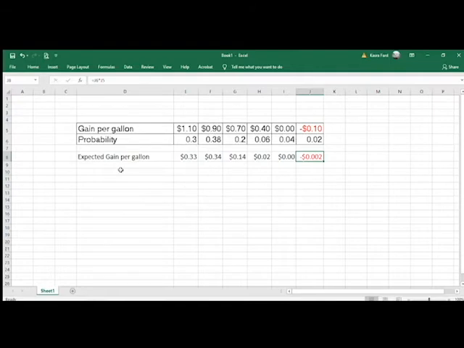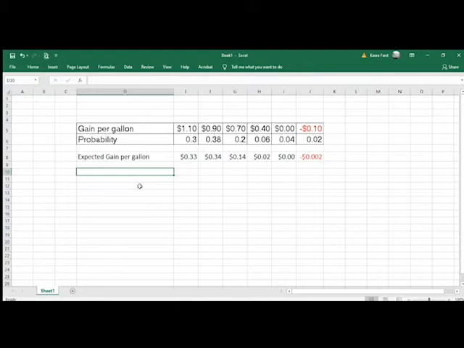So for each scenario, now I have an expected gain. For instance, in this case, when there's a 38% probability of gaining 90 cents, this translates into a 34 cents gain.